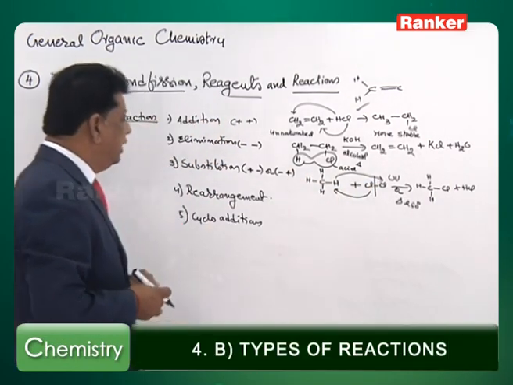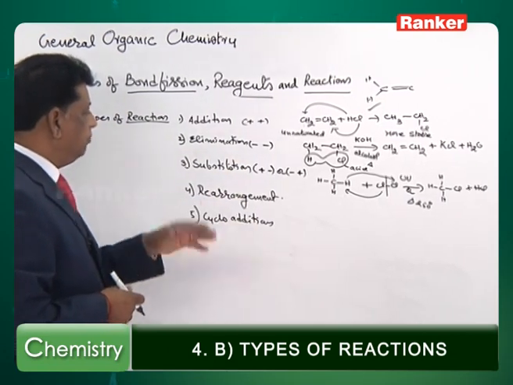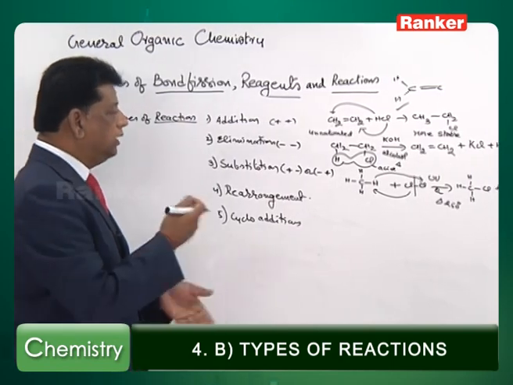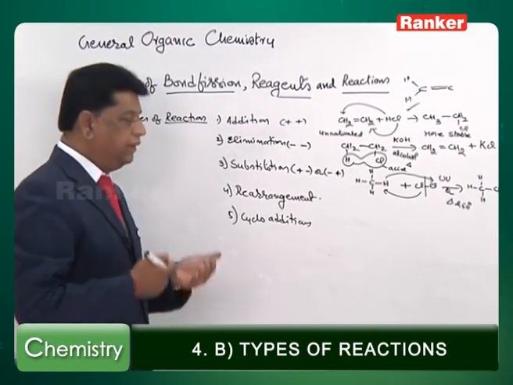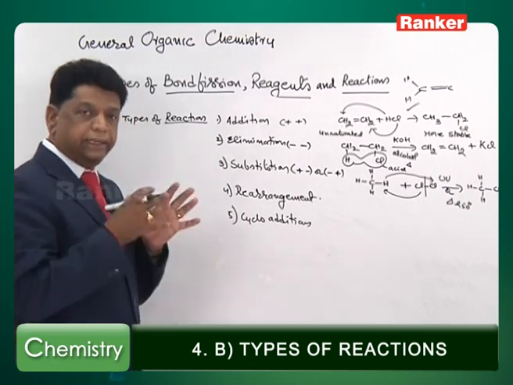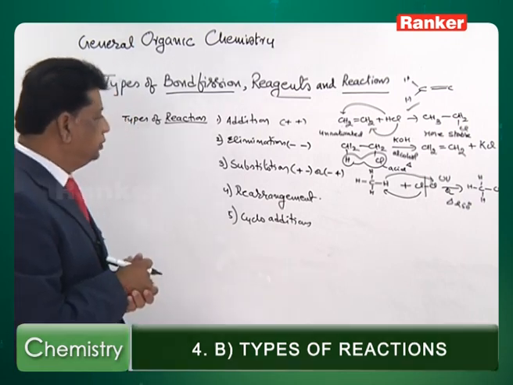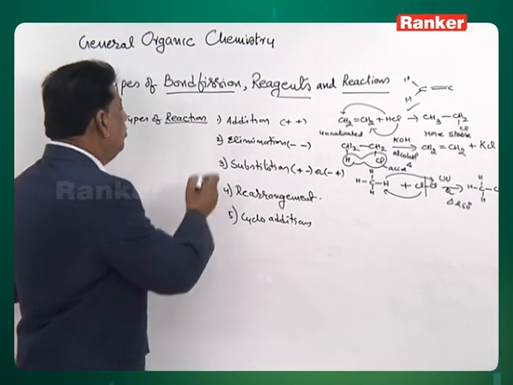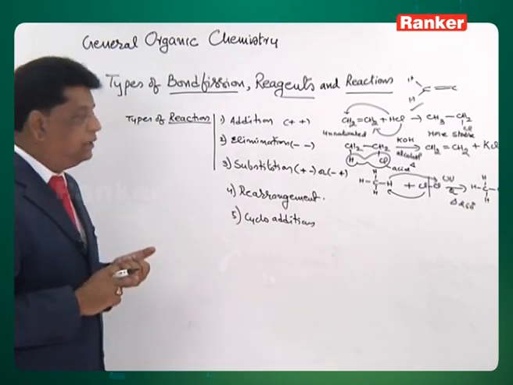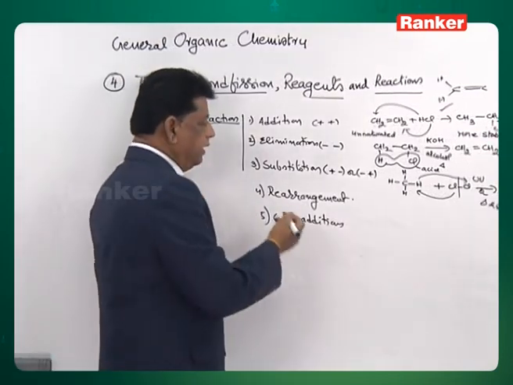So either plus followed by minus, or minus followed by plus, or simultaneously this going, that coming. All the mechanisms are there in practice, but somehow one group is going and in the same place a new group is coming. So that mechanism is said to be a substitution. These three are more obviously found in organic chemistry: elimination, substitution and addition. And rearrangement is another type of reaction.